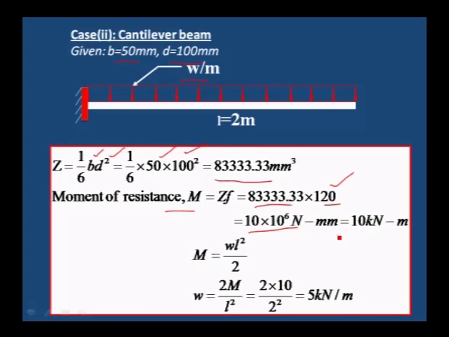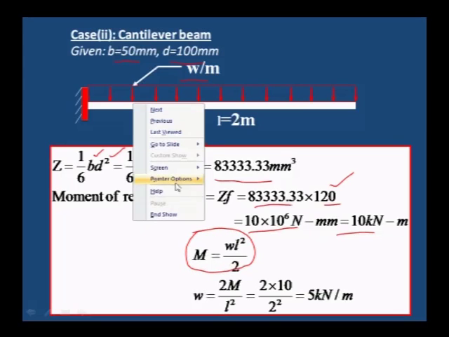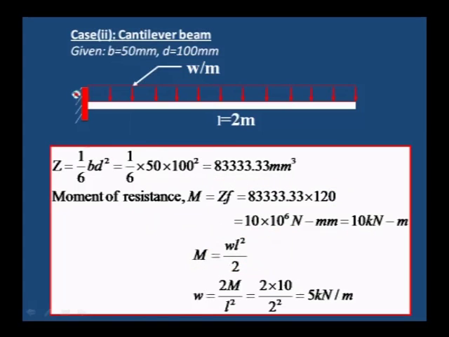Now the moment of resistance is equal to the maximum bending moment. The maximum bending moment for a cantilever beam carrying a uniformly distributed load is WL square by 2. Substitute the value of M as 10 kilonewton meter, and W we have to find out.